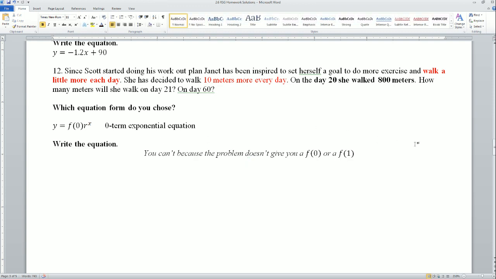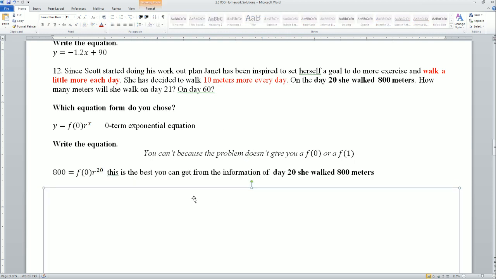Here they would ask you to write the equation, but there's actually a problem here. You can't actually write the equation. The reason why is that the problem doesn't give you the f of 0, the zero term, or the f of 1, which is the first term. So without that, this is the best I could do.